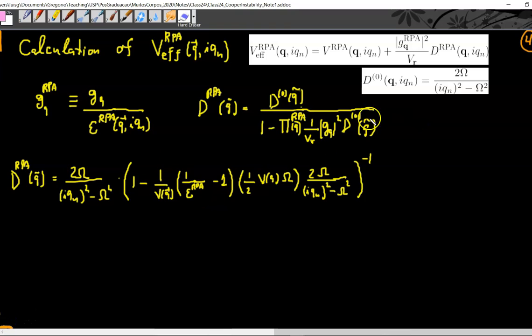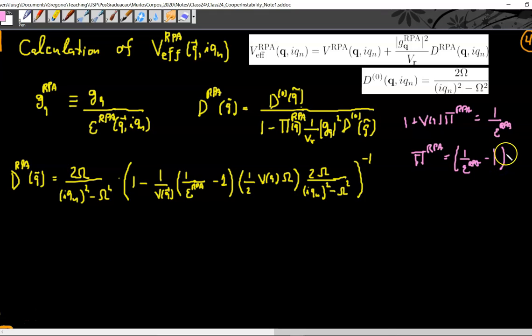Just to remind you where this comes from, remember in the previous slide we had 1 plus VQ pi RPA equals 1 over epsilon RPA. So then I have, of course, pi RPA equals 1 over epsilon RPA minus 1.